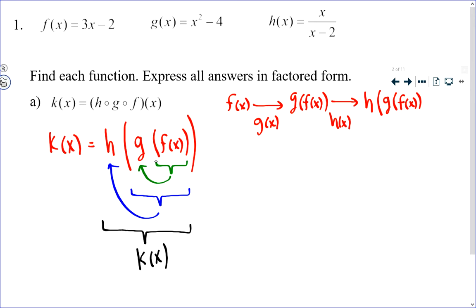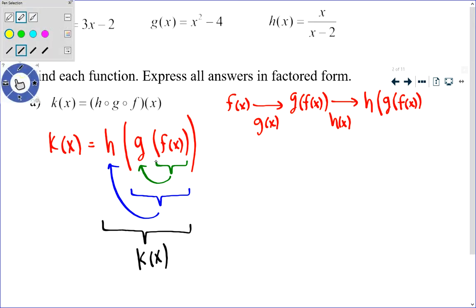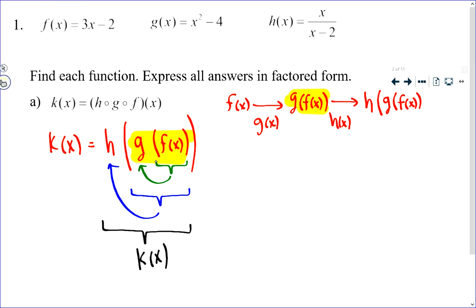But let's start off by finding g of f of x. So I'm going to be looking here at determining this. Why am I determining it? Because that is the thing that I need to know to put into h to get my answer.